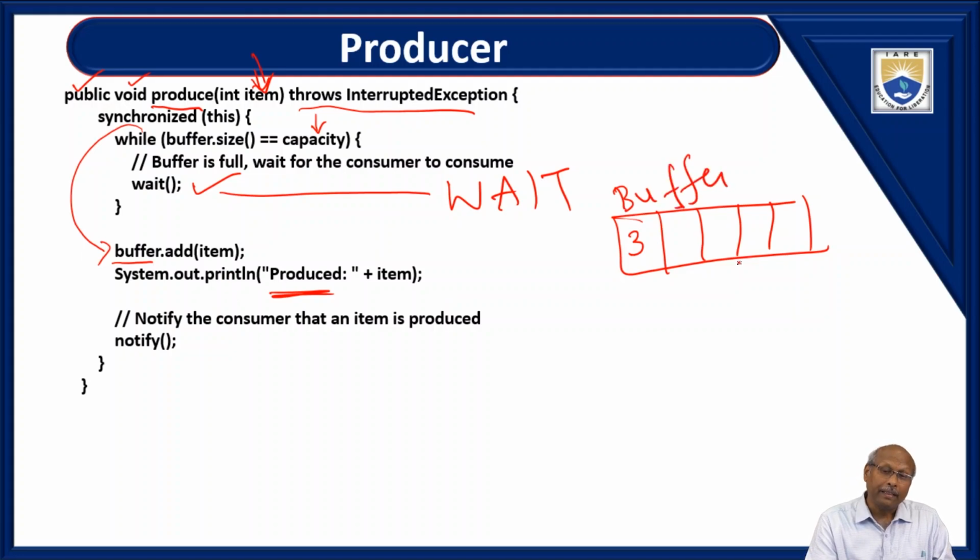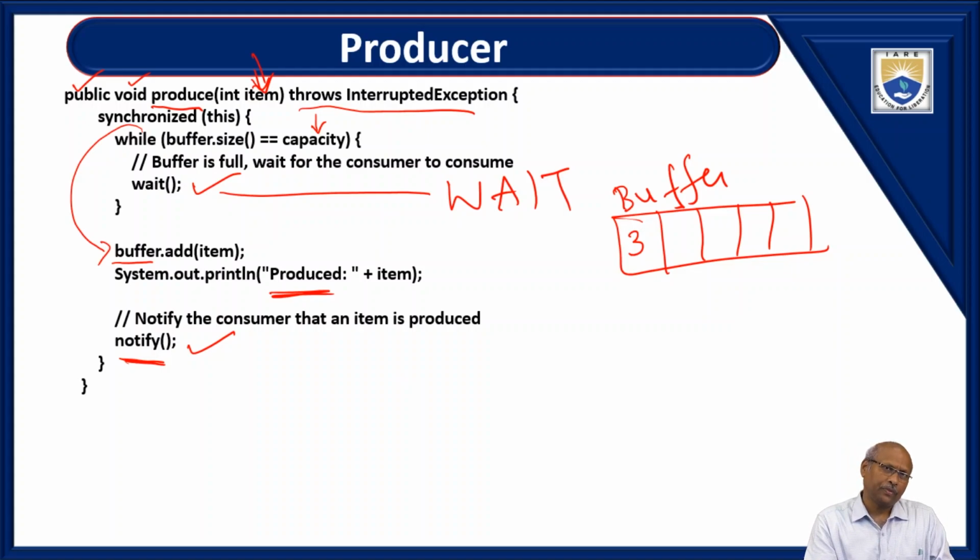Now after putting the item 3, because earlier it was empty, my duty is to notify. Why? Because the consumer thread is waiting to consume the item. So once you say notify, the signal goes to the other thread that is waiting. So this is the role of the producer method.